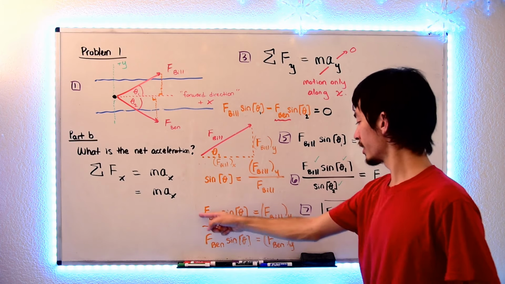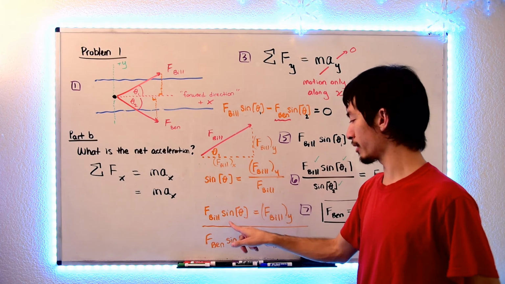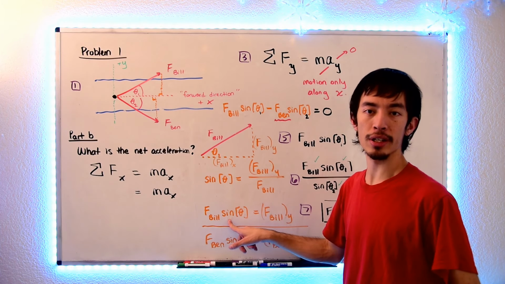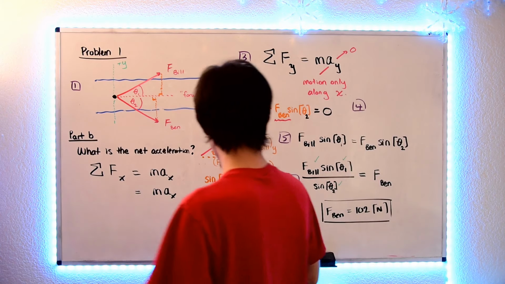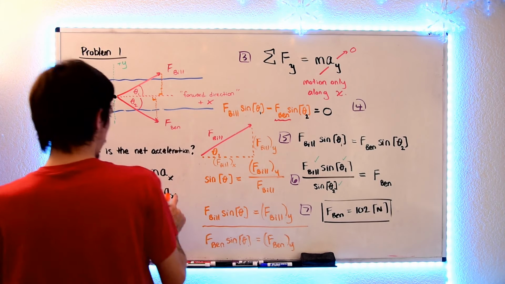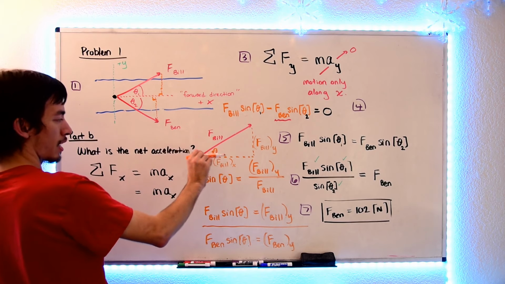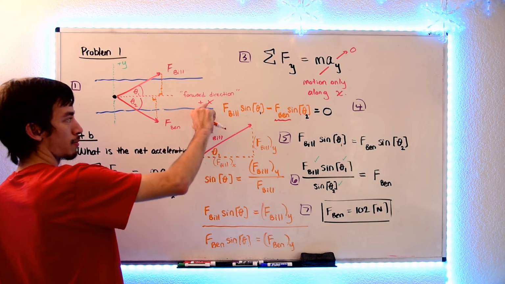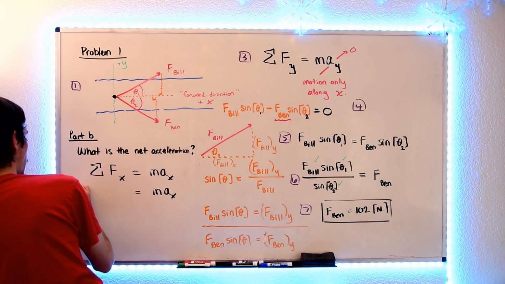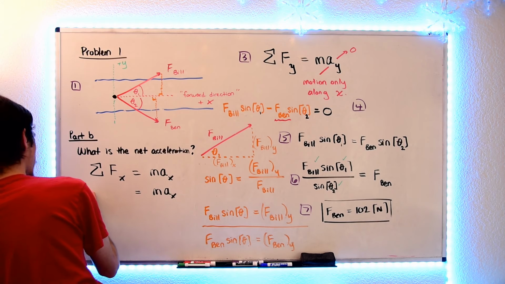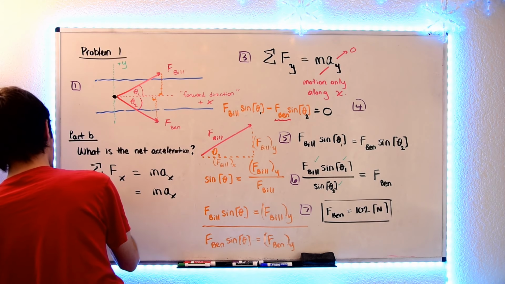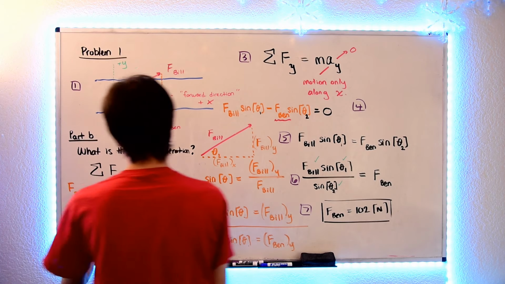So we should be able to use the same exact thing, but change the sine to a cosine. So I will write that. Because that force is pointing to the right, which is my positive x direction, I'm going to write positive force Bill, sine, in this case it's theta 1.